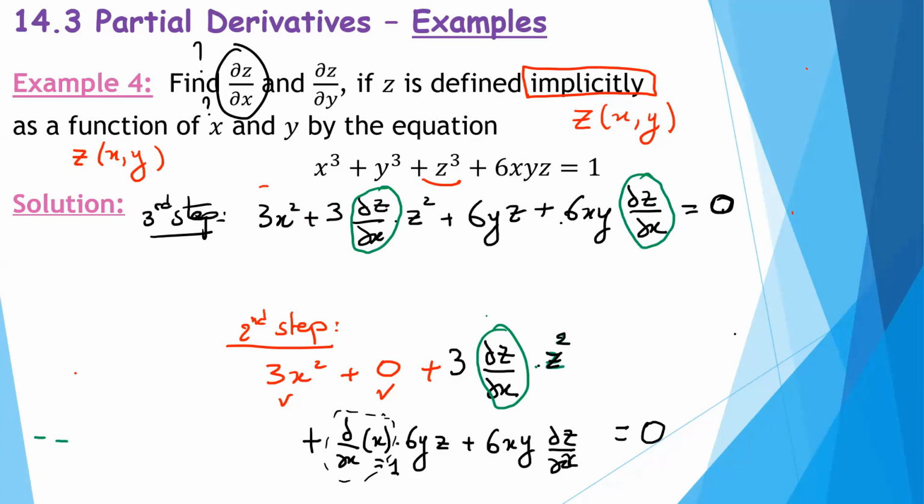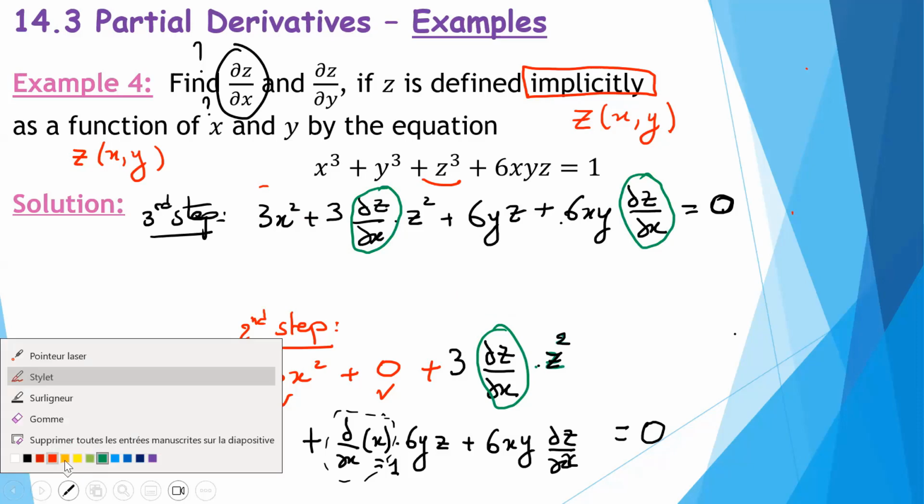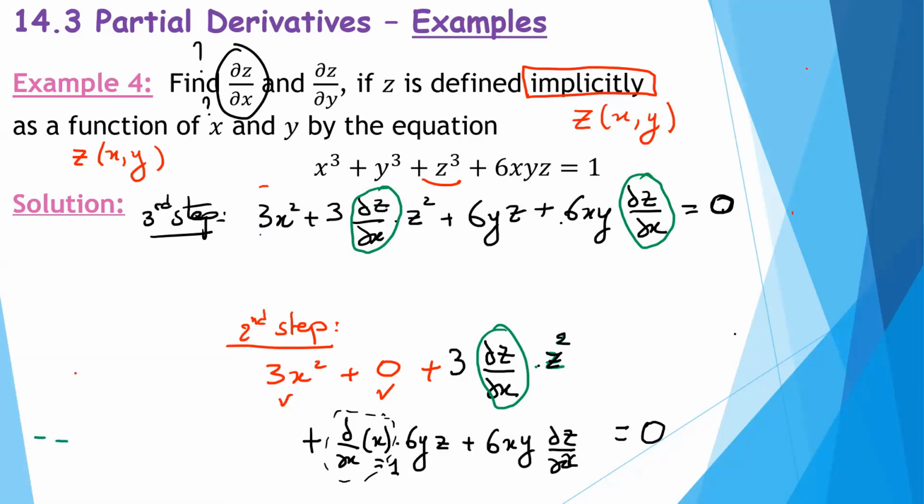Okay, so I solve this linear equation. I just move the terms which don't contain dz/dx to the other side, and keep those containing dz/dx on the left and take it out as a common factor.